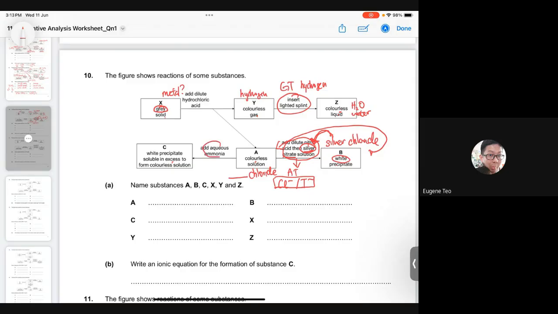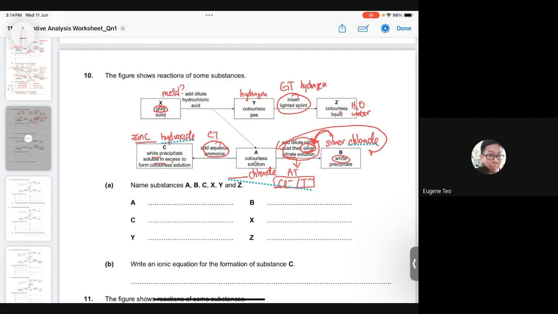Next, I add aqueous ammonia here. This is a cation test. I get a white precipitate soluble in excess. If you go back and look at your table of cations, you know that this must be something hydroxide, because as I mentioned, your cation test will always give something hydroxide. So what hydroxide is this? This will be zinc hydroxide.